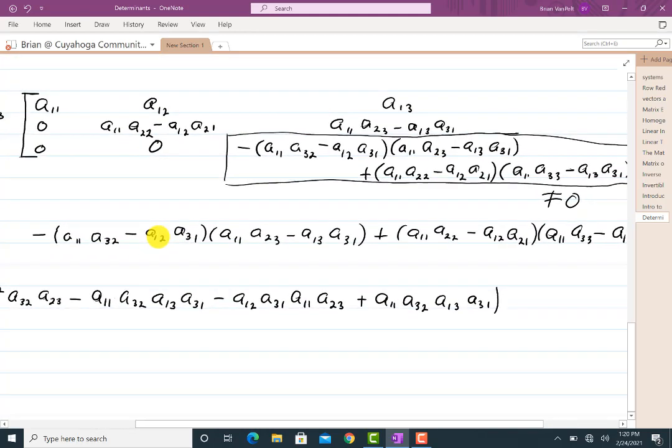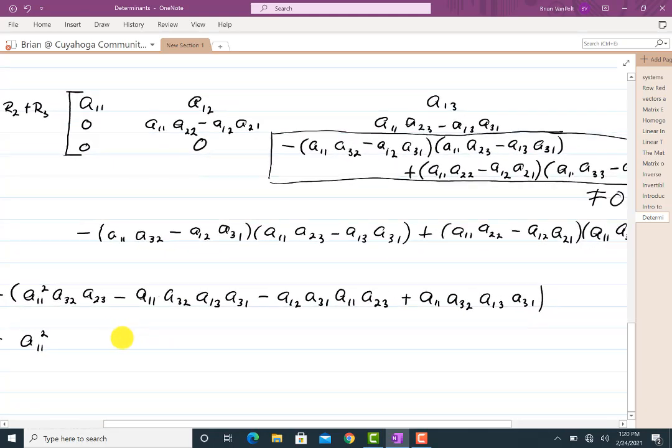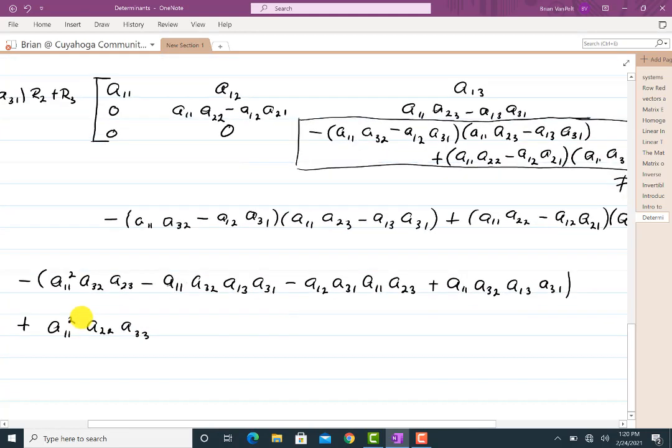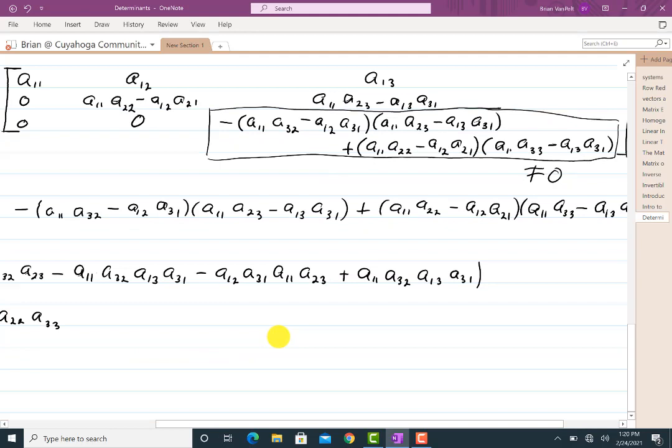So I'll get A11 squared. It looks like A22 times A33. That was the first, of course, of these piece over here. And then I'll do A11, A22 times A13, A31.